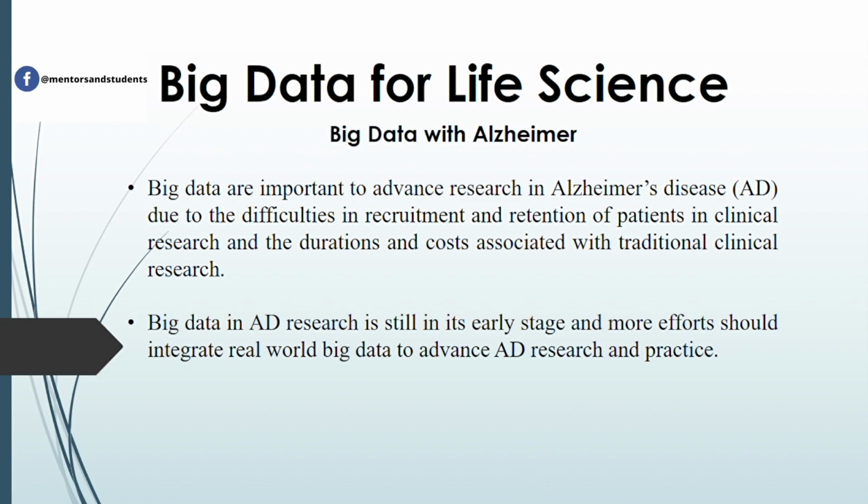With the help of big data, we can solve all the difficulties, including retention of patients in clinical research, and the duration and cost associated with traditional clinical research are very low. Big data in Alzheimer's disease is still at an early stage, and more efforts should integrate real-world big data to advance Alzheimer's disease research and practice. That means we can reduce cost, time, and all the dangerous side effects of Alzheimer's we can easily recover from with the help of big data.